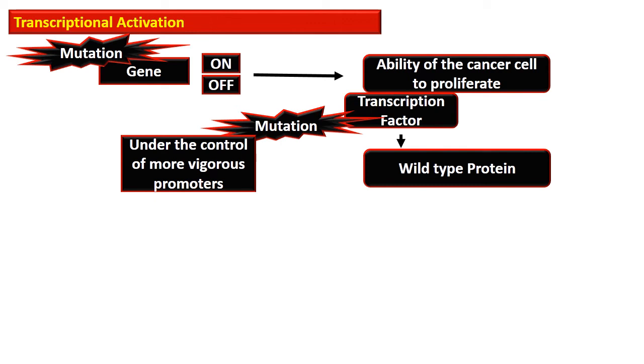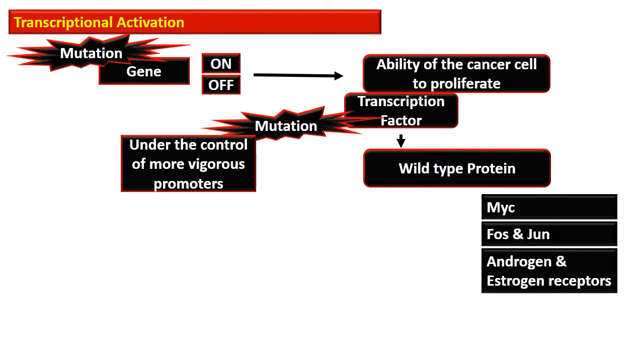Sometimes the transcription factors are also mutated, and the transcription factor mutation will put them under the control of a more vigorous promoter that results in overexpression of those transcription factors. The important transcription factors are MYC, FOS and JUN, and androgen and estrogen receptors.